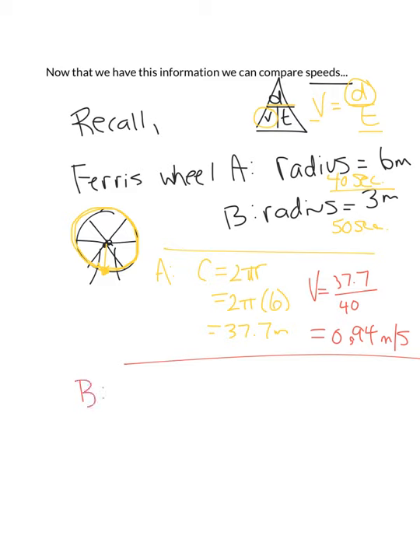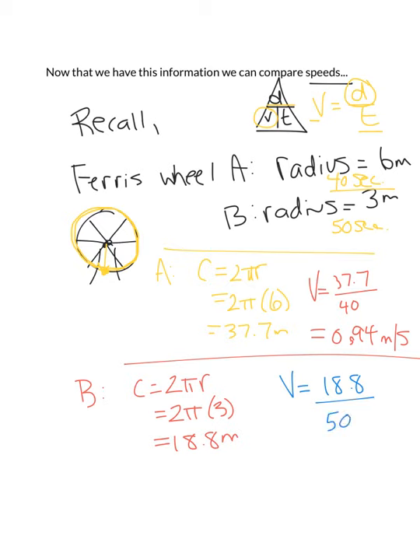Ferris wheel B, circumference is equal to 2 pi r, so 2 times pi times my radius, which was 3, is 18.8 meters. Next, I'm going to calculate my velocity. Distance, 18.8, divided by time of 50 is 0.47 meters per second.